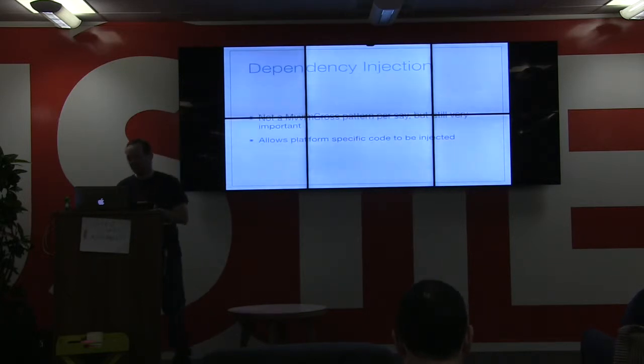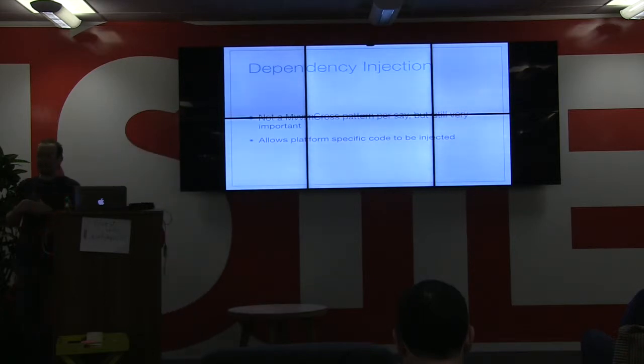Dependency injection. Dependency injection is such a big topic on its own. I don't have time to go into this in a lot of detail. It's not MvvmCross specific. It's just a really, really cool way of injecting code into your classes. Highly recommend you spend some time learning about dependency injection if that's a new word to you, because it's really, really useful stuff.